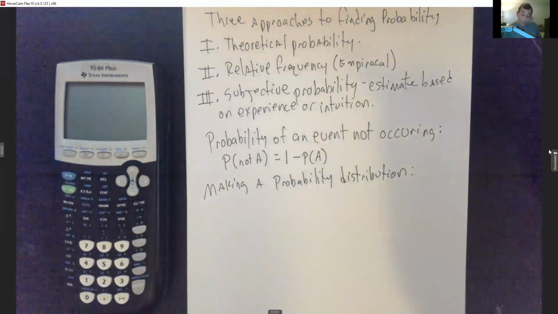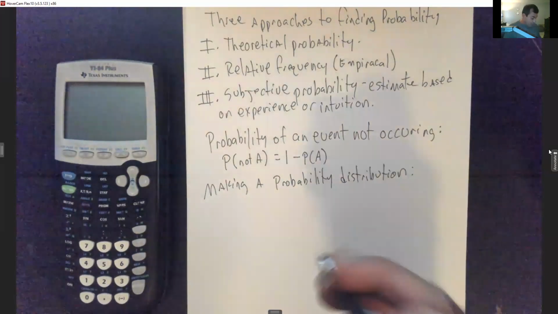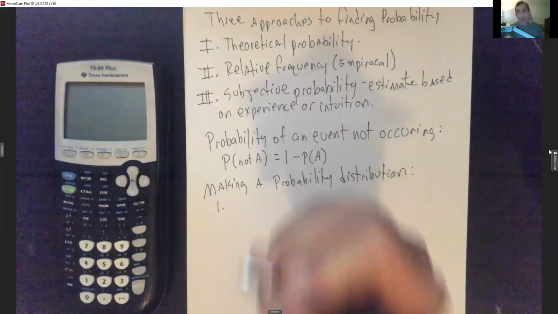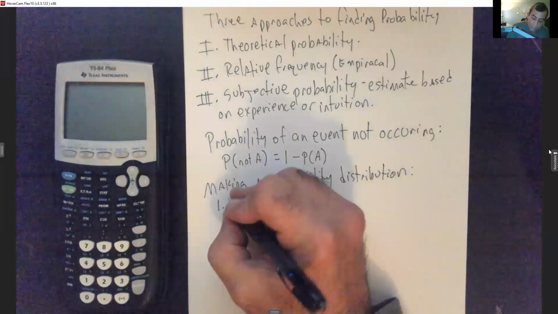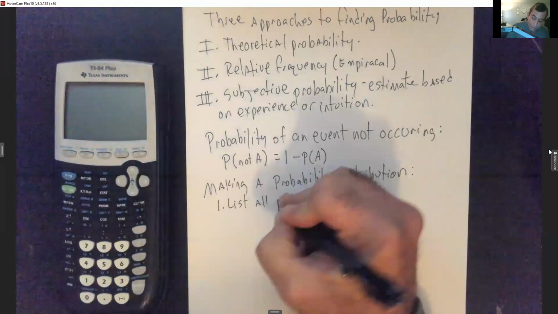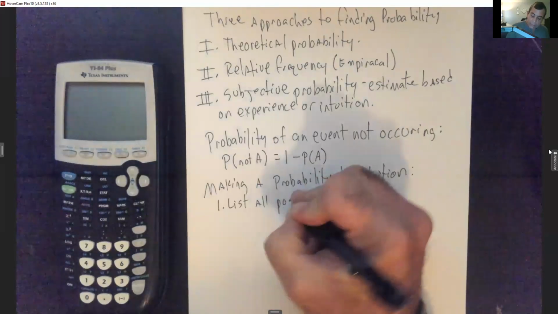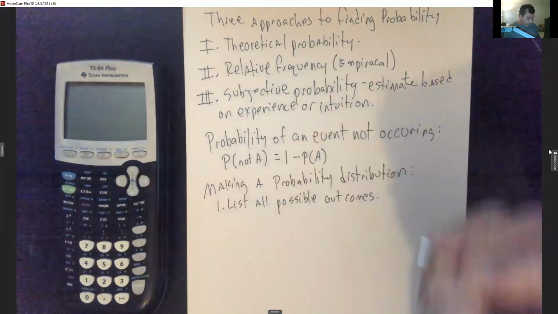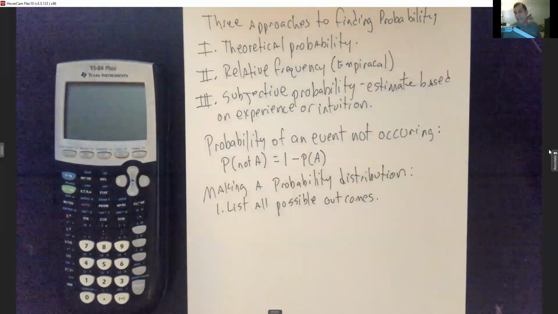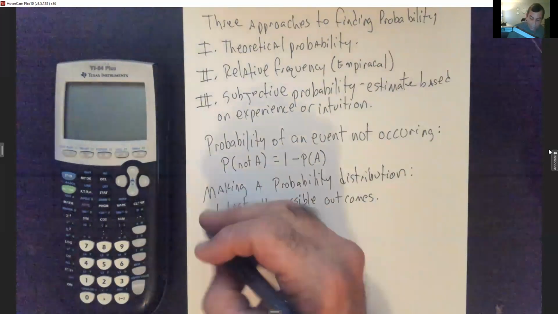So to make a probability distribution, the first thing you're going to do is list all possible outcomes. And you can often use a table or figure to help you do that if you want.